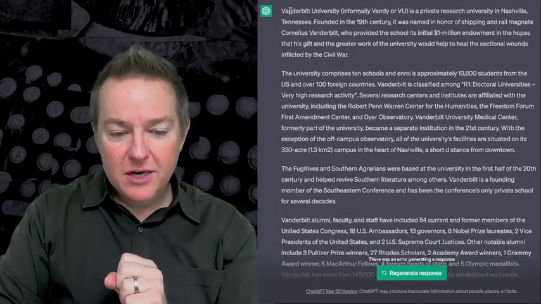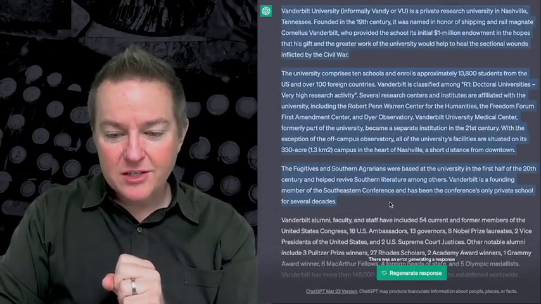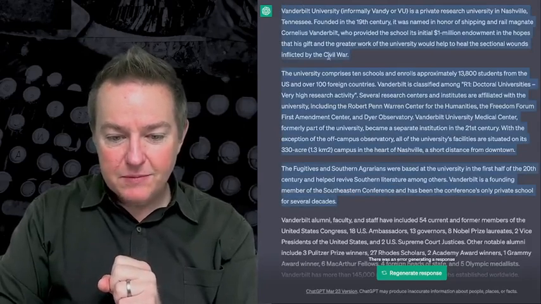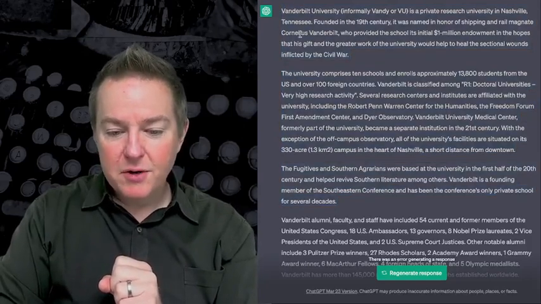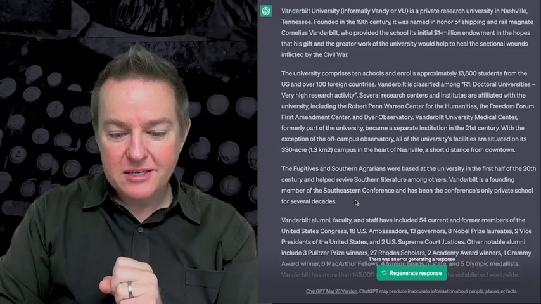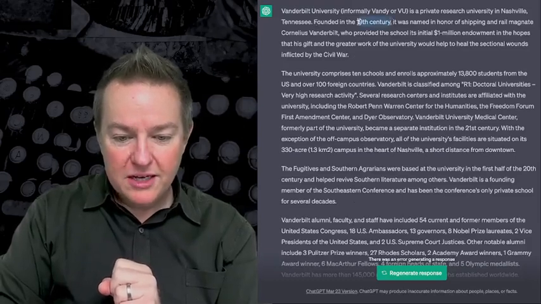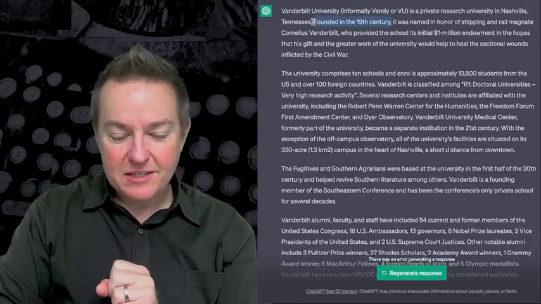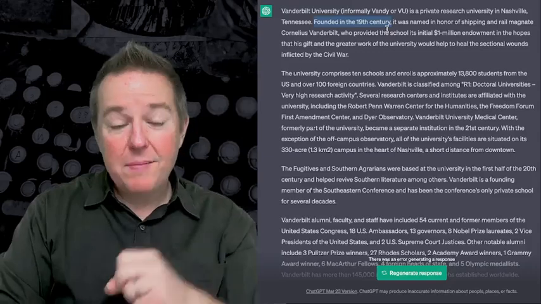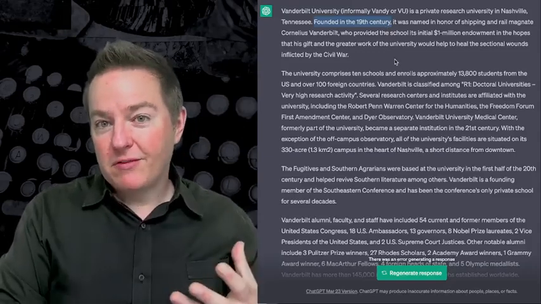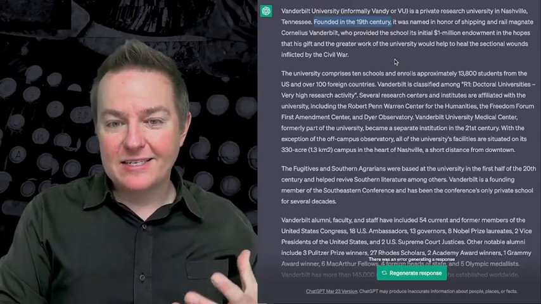Then it goes through and rewrites all the text, and you notice that it does a pretty good job. It removes all of the explicit dates. One thing I noticed is that I might need to rethink my prompt and how to express dates, because it says founded in the 19th century, and that might be too specific for me depending on what my meaning of date is.